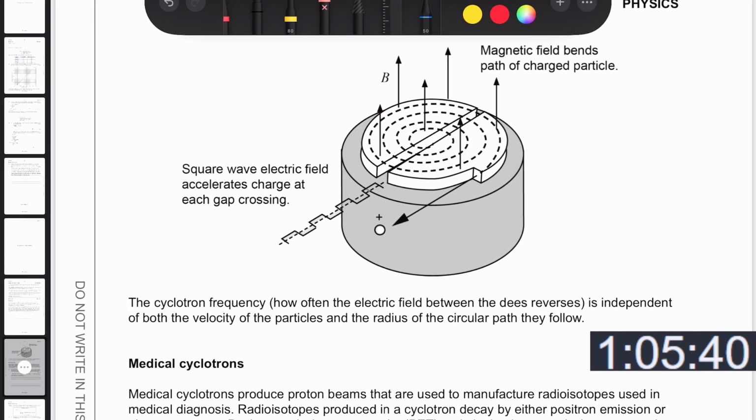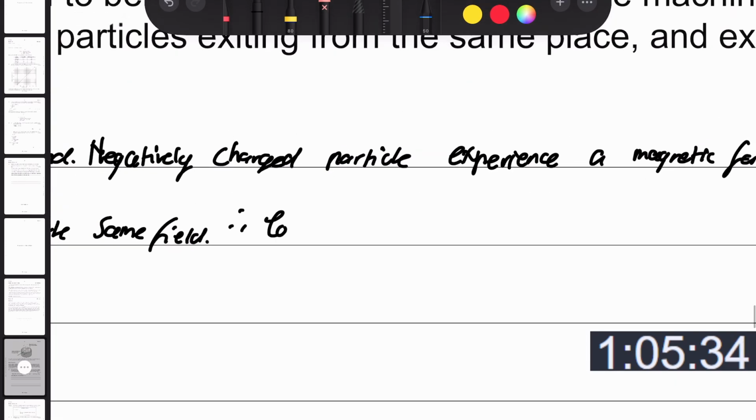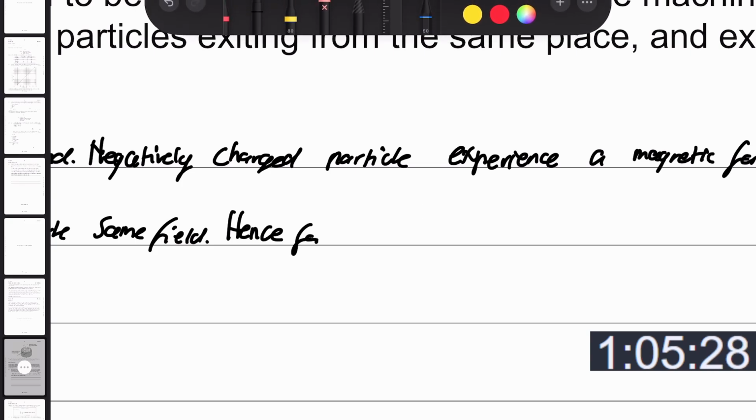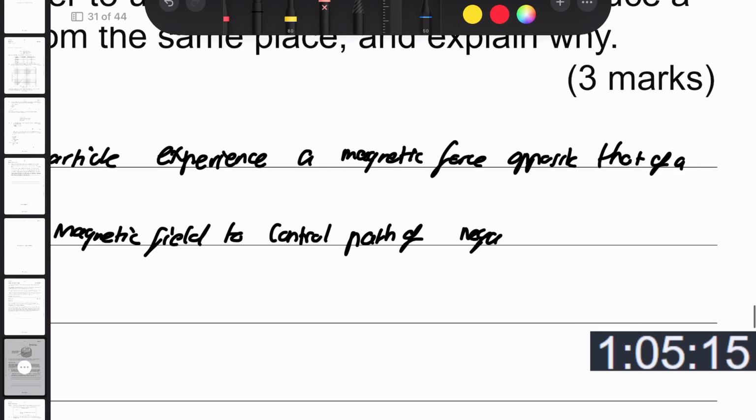Hence, for the magnetic field to control the path of a negative particle correctly, it needs to be reversed.